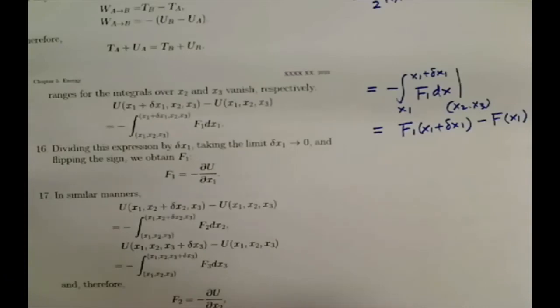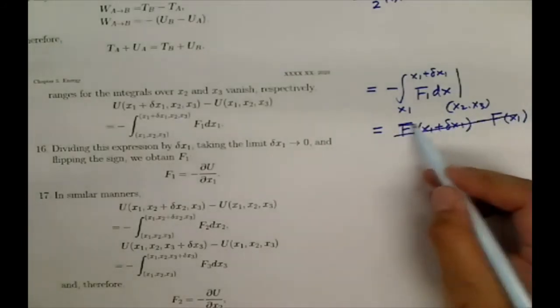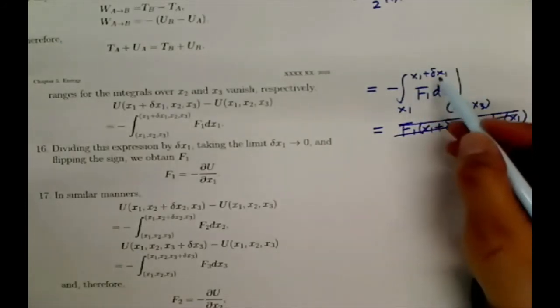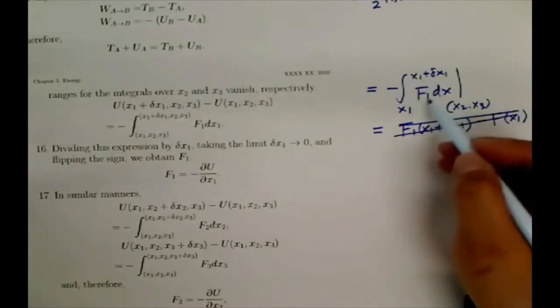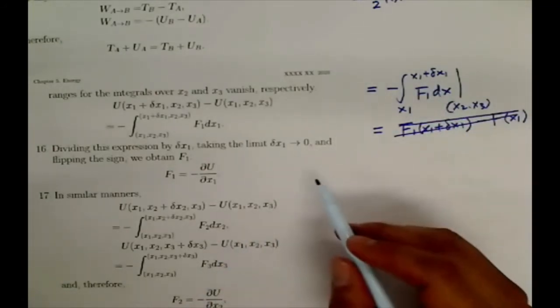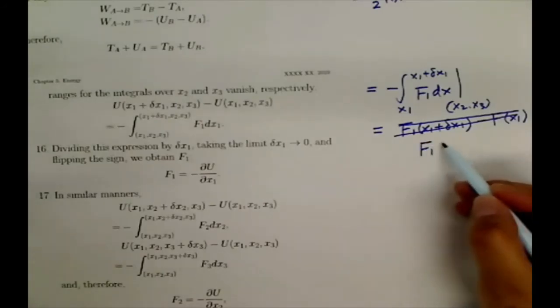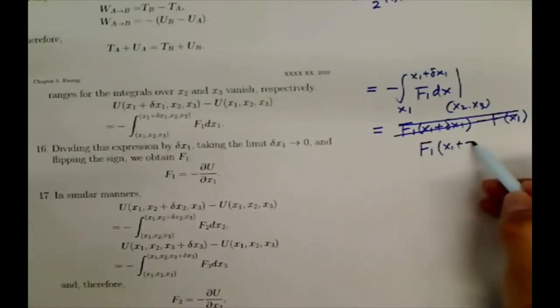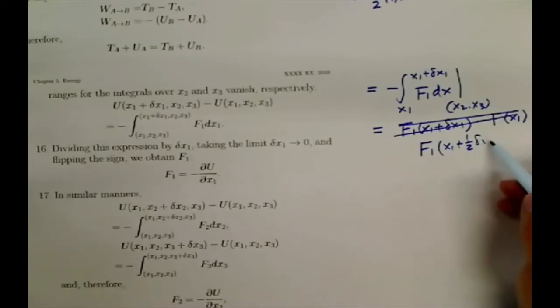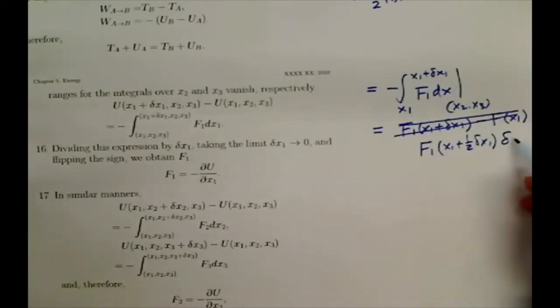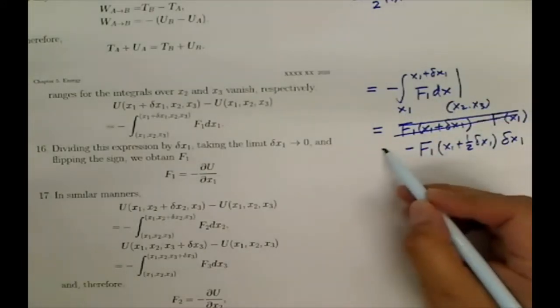Am I right? No. This one is very small, so this one becomes almost constant. It is about F1 at x1 plus 1/2 delta x1 multiplied by the difference, delta x1.